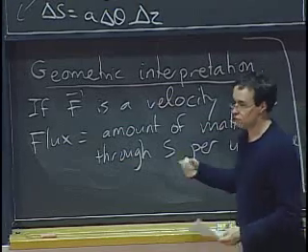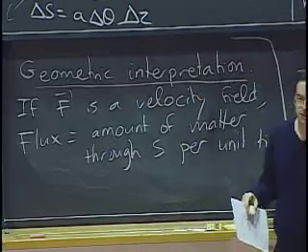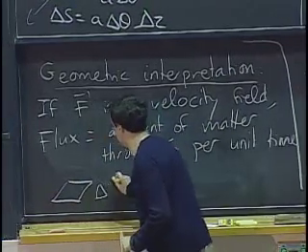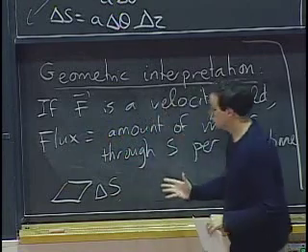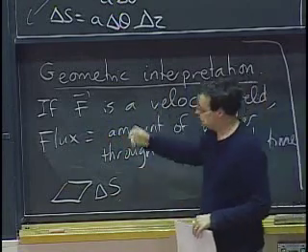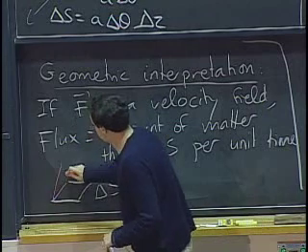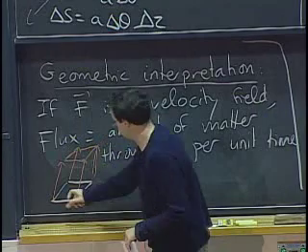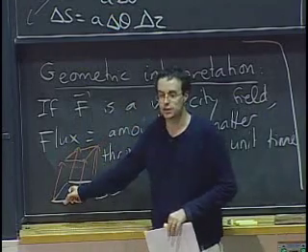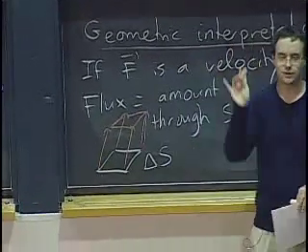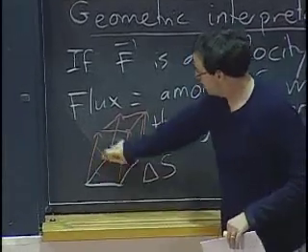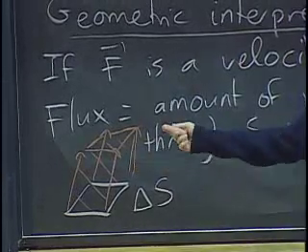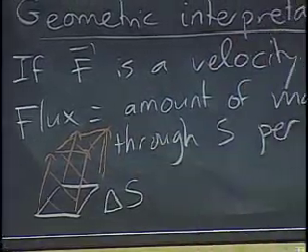The way you would prove it is similar to the picture I drew when we did it in the plane. You would consider a small element of the surface, delta S, and try to figure out what flows through it in a second. It's the stuff that lives in a small box whose base is that piece of surface, and whose other side is given by the vector field. The volume of that is base times height, and the height is F dot n. So it's the same argument as what we saw in the plane.